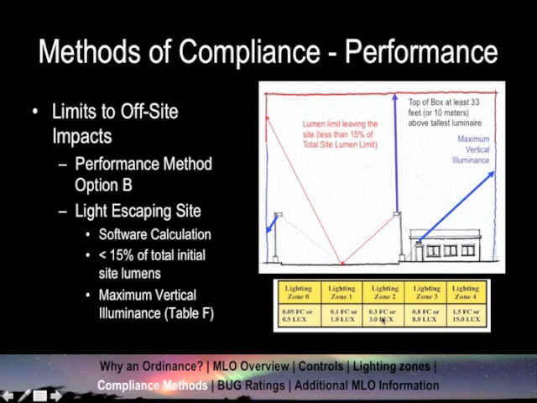It's a vertical foot candle. So in lighting zone 2, at any point in the box, you can't have more than 0.3 foot candles hitting that box. And this is to prevent someone from putting a floodlight right at the edge of the property and shining it straight out into someone's eyes. And so that way you still have to have a good design to do that.